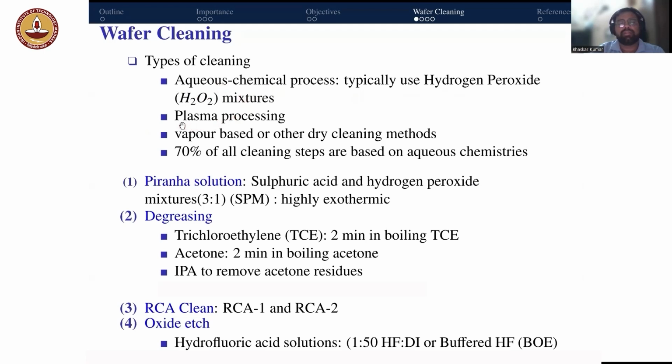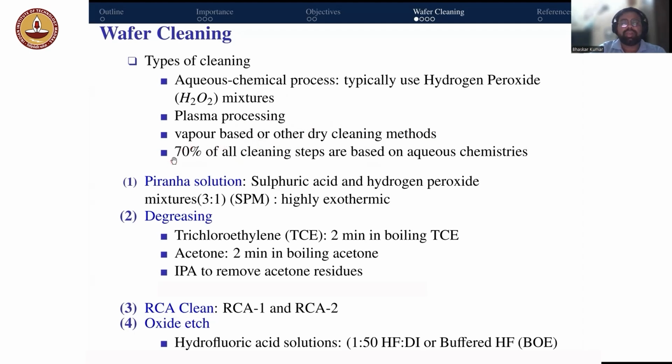On the other hand, there is also plasma processing and vapor-based or other dry cleaning methods, which are normally used for back end of the line processes where there is a need to clean deep level interconnects, where the aqueous-based chemistries are not particularly effective. But still today, about 70% of all the cleaning steps are based on aqueous chemistry. So the importance of these cannot be overemphasized.